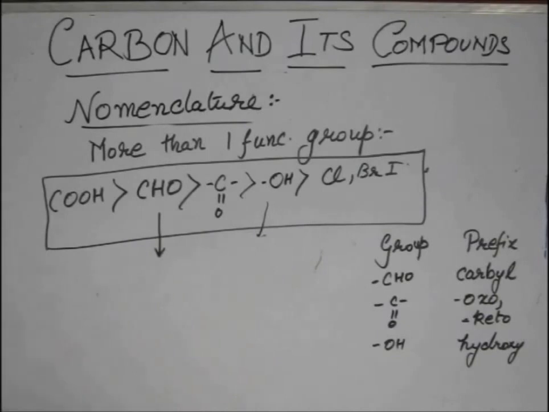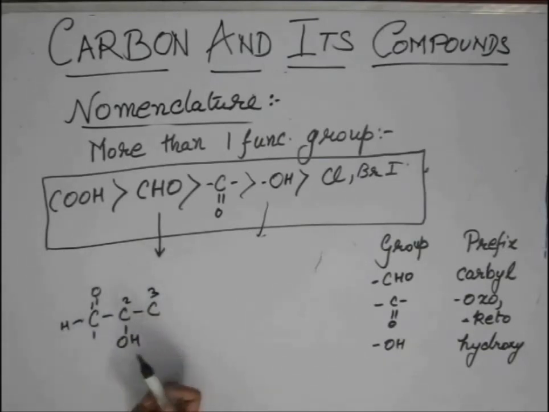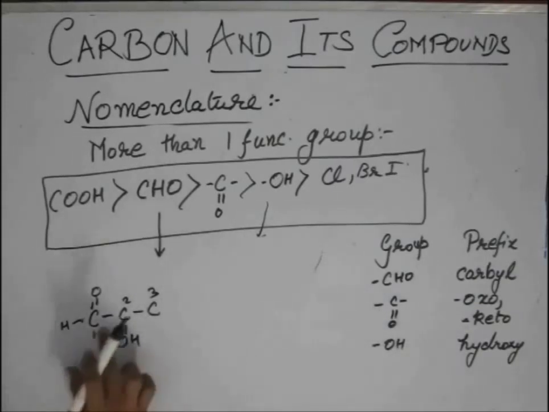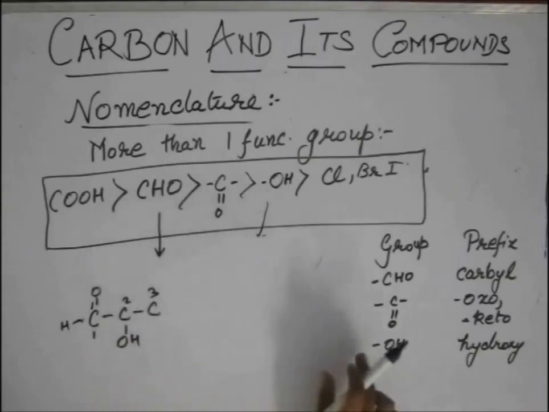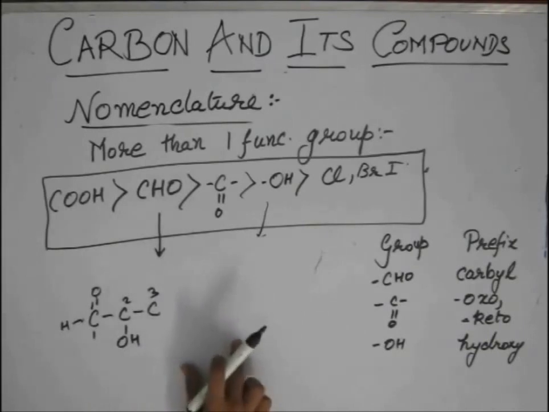So, in this compound, it would be named 1, 2, 3 because 1 plus 2, and if this would have been named 1, 2, 3, it would have been 2 plus 3. So 1 plus 2 is a lower sum. So here CHO has higher precedence, so it will come as the suffix, and OH will come as the prefix.